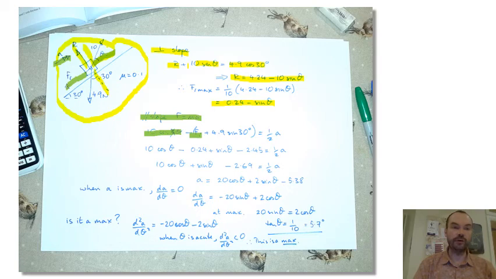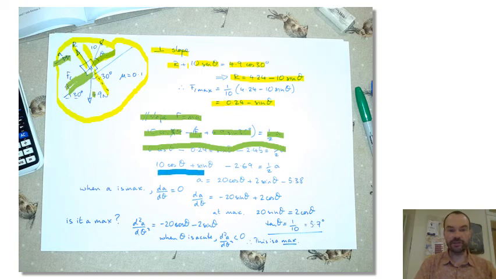And also the component of the weight this time is in that direction. The 4.9 sin 30 is equal to half a. What do we get? We get this. If I substitute friction in there, I'm going to use a slightly paler colour now so we can see everything underneath. So we get 10 cos theta, take 2.69 as half a. We get a is 20 cos theta, take 5.38.